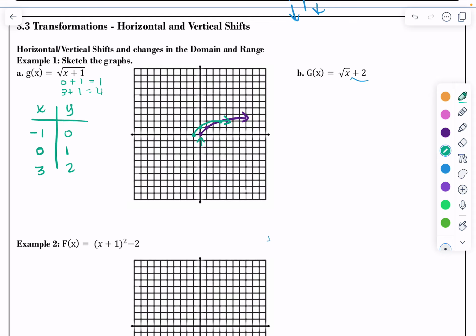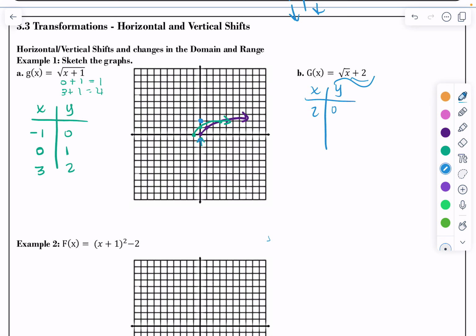And then letter B, this is when I shift up 2. So instead of at 0, 0, I'm going up 2, so at 0, 2, and this is my point here. I can do the same thing with my table. I don't have a graphing calculator, so I can say, okay, I'm starting at 0, 2, and I'm going to have to go to the right-hand side, to my first quadrant.